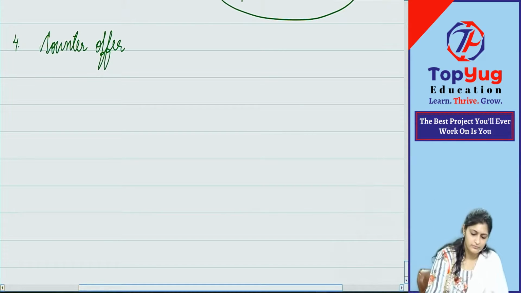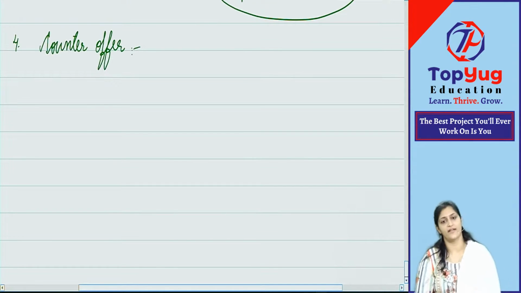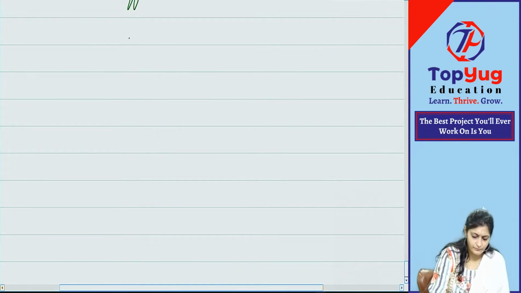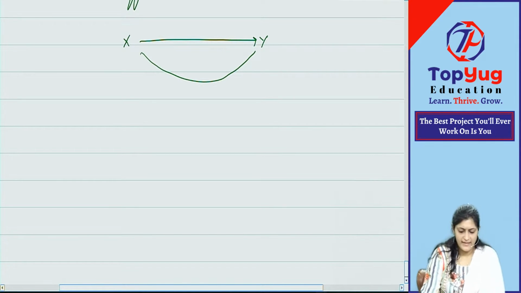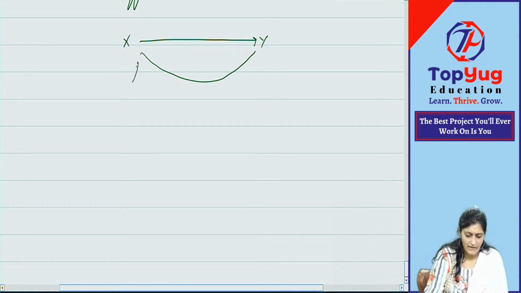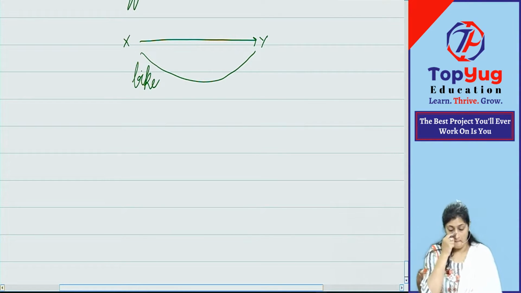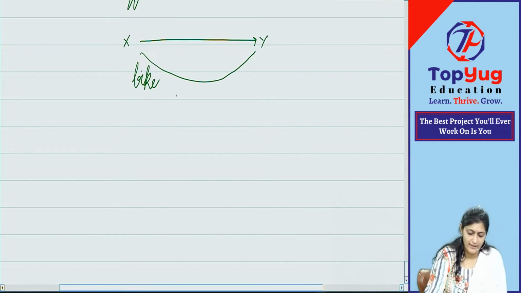Now, understand this also very carefully, everybody. X has a bike which he wants to sell to Y at 50,000.